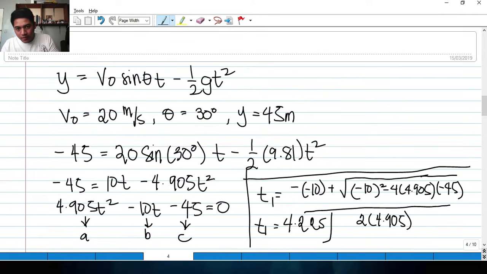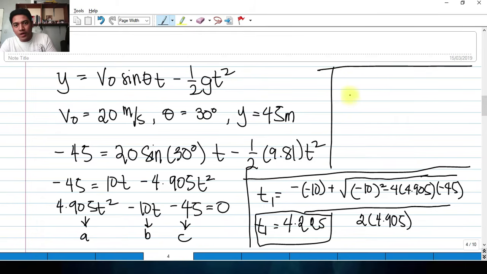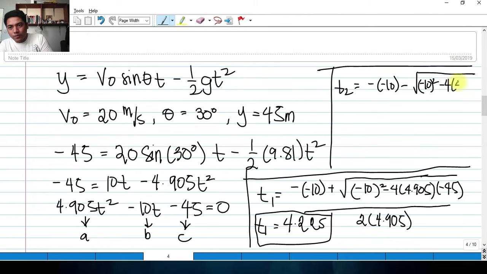4.22 seconds. And we should also calculate the other root for the time, t sub 2, in order for us to validate our answer. So t sub 2 should be negative of negative 10 minus the square root of, still the same, negative 10 squared minus 4 times 4.905 times negative 45, divided by 2 times 4.905.